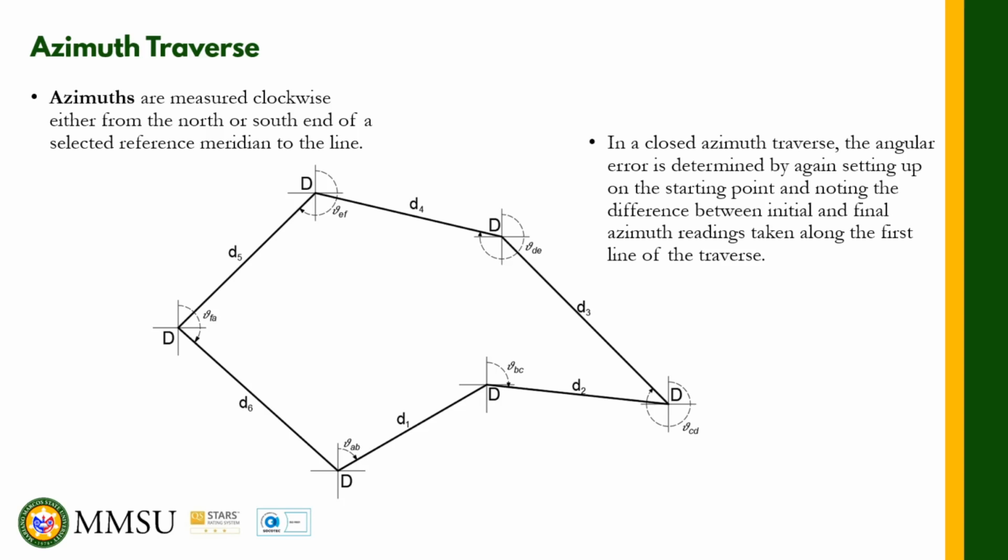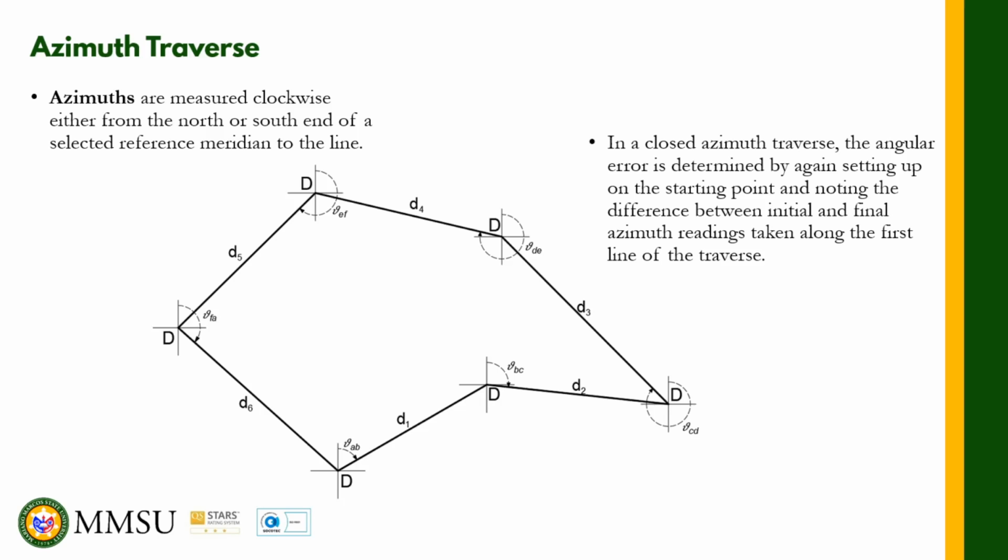So in a closed azimuth traverse, the angular error is determined by again setting up on the starting point and noting the difference between initial and final azimuth readings taken along the first line of the traverse. You can see in the figure drawn in the slide the azimuth readings of all the different stations.